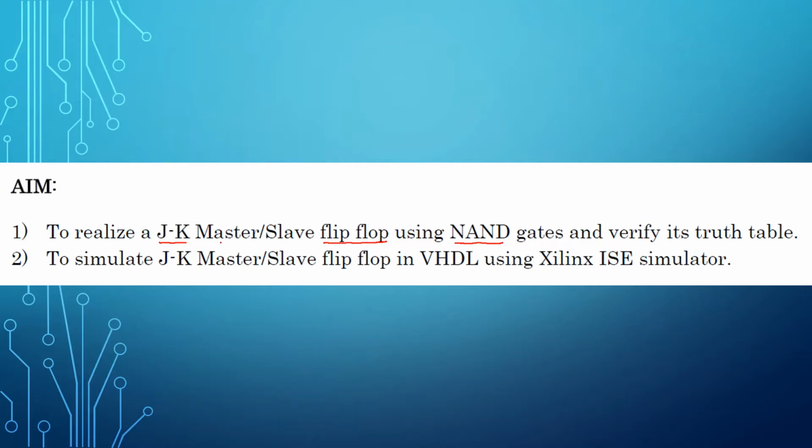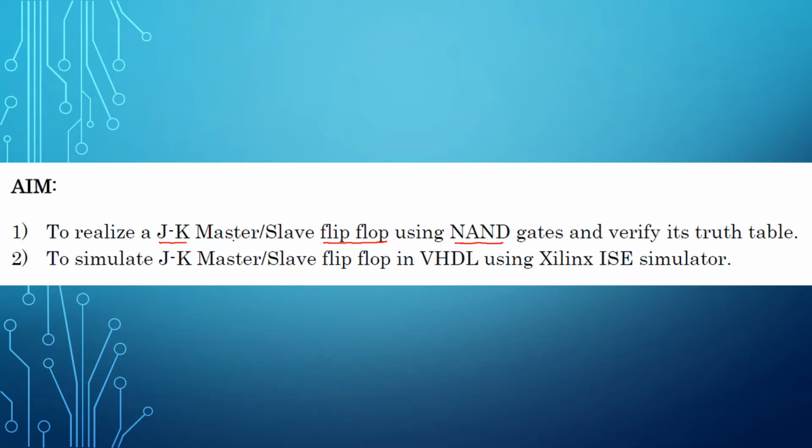In order to remove the disadvantage present in the SR flip-flop, they designed the JK flip-flop. In the SR flip-flop, when both set and reset were high, it exhibited an undefined state, meaning it was neither high nor low, so you cannot say it is a high state or a low state. To overcome that disadvantage, they designed the JK flip-flop.